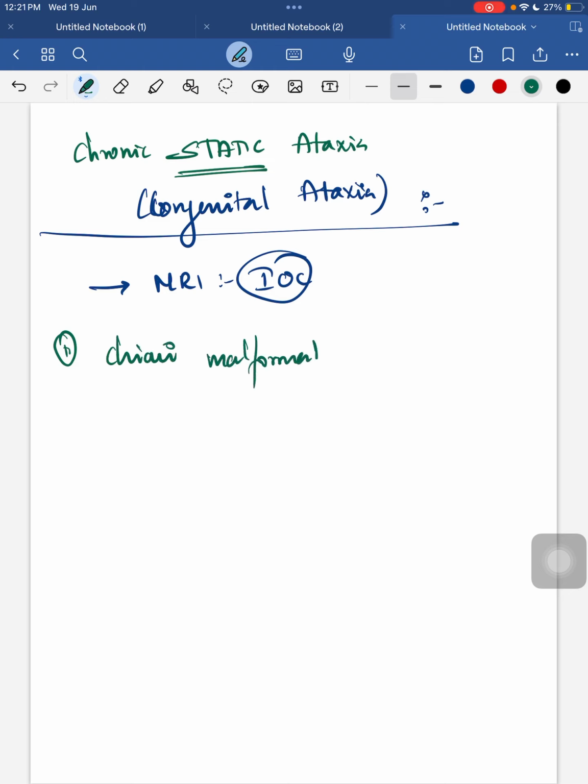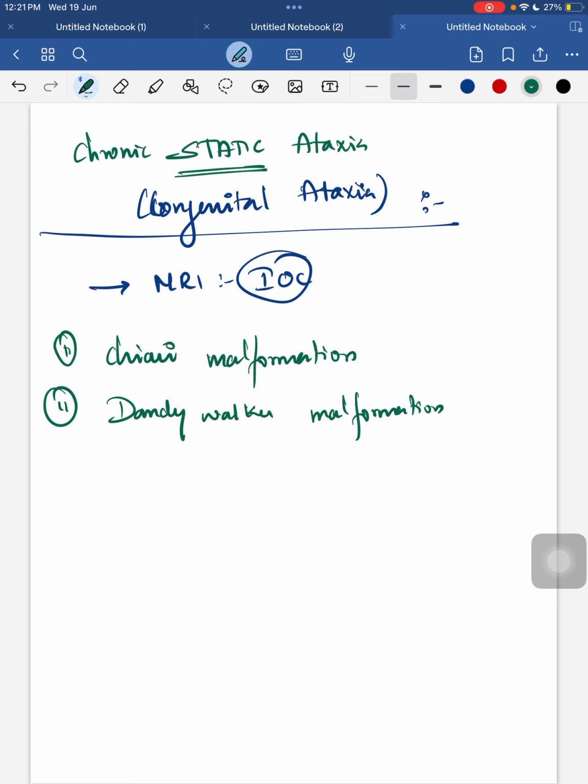Next will be congenital disorders of glycosylation. These are the reasons for congenital ataxia, also called chronic static ataxia.